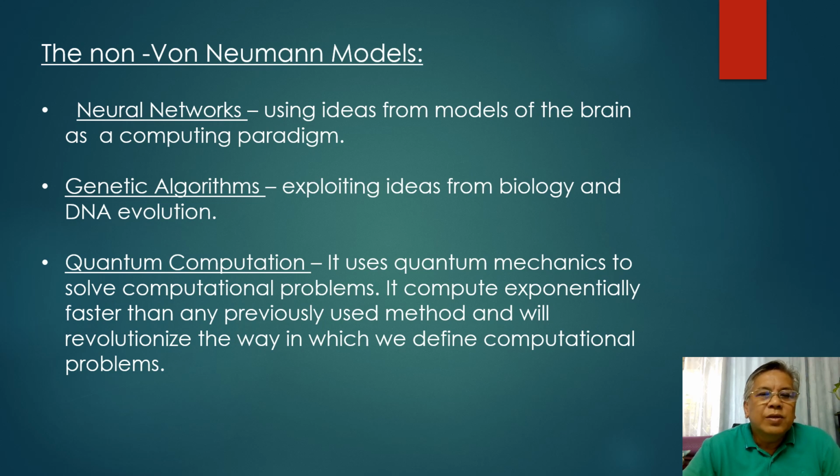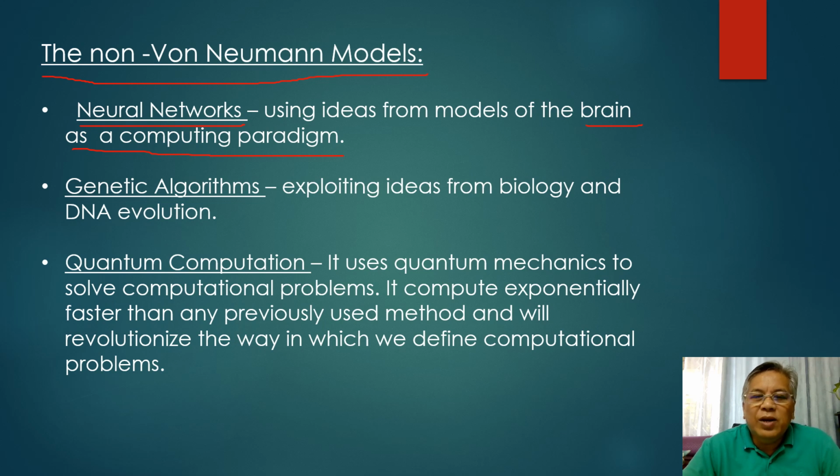Okay, now what are the non-von Neumann models? There are different types of non-von Neumann models. One is neural networks. Neural networks use ideas from models of the brain as a computing paradigm. So neural networks are based on how the brain works.